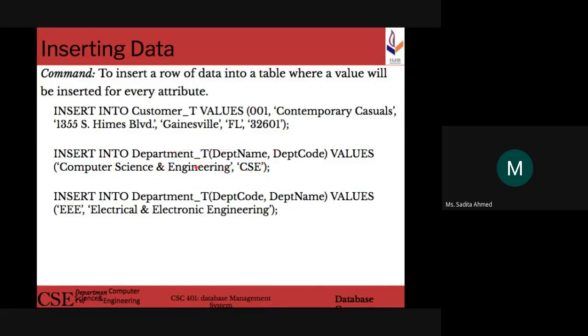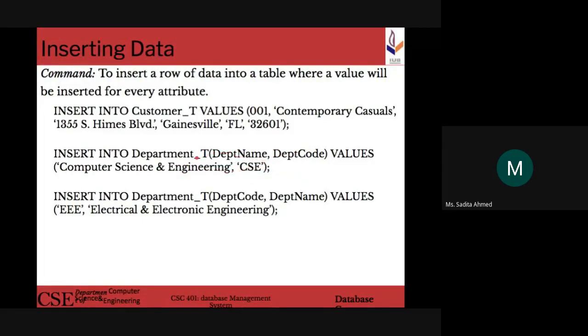Why will this work? Because we have also referenced the attributes or the columns where these values will go. This will work because next to department I am saying that I am inserting the department name value first, then the department code. I'm also providing the reference or the names of the columns where these values will go to the DBMS.